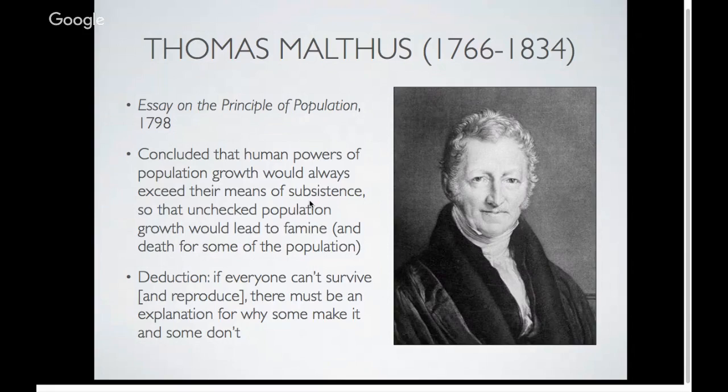And if everyone is not going to survive and reproduce, then there must be an explanation for why some make it and some don't. In other words, it's probably not completely random. There are probably characteristics that some members of the population have that allow them to live through the catastrophe, whereas other members of the population who lack these characteristics are going to be the ones who die.